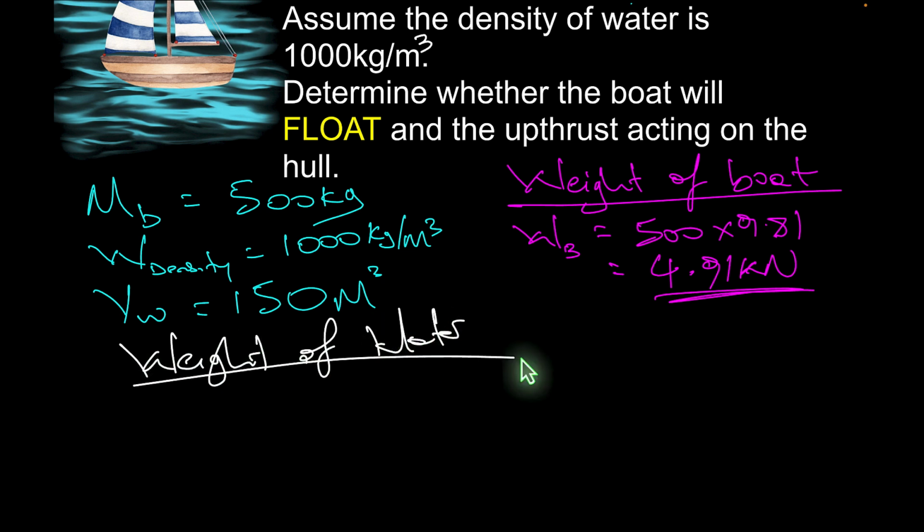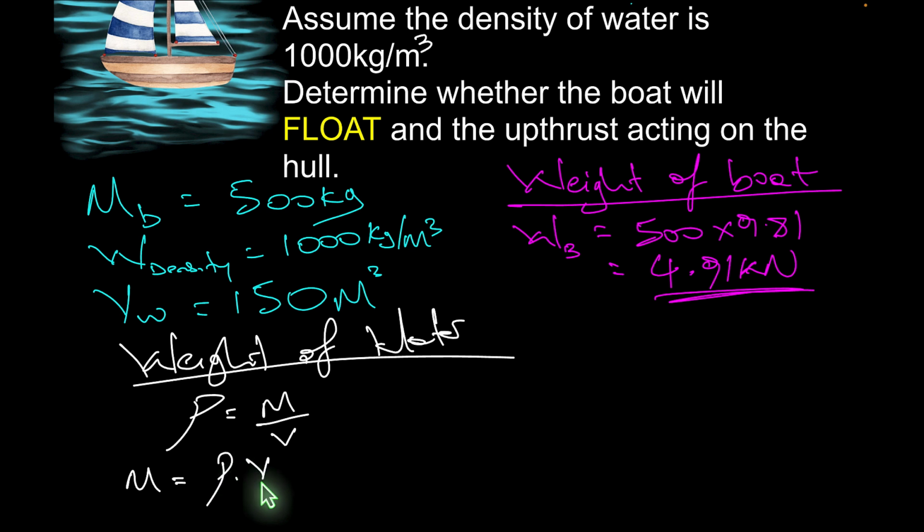So we know that density, so that's a symbol for density, is equal to mass divided by volume. And because we know the volume of the displaced water, we know the density of the displaced water, we're going to just rearrange this to get density multiplied by volume.